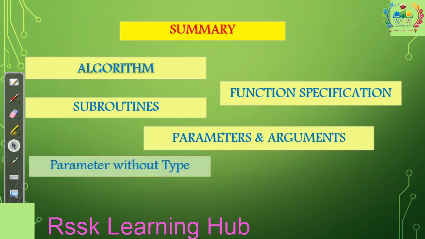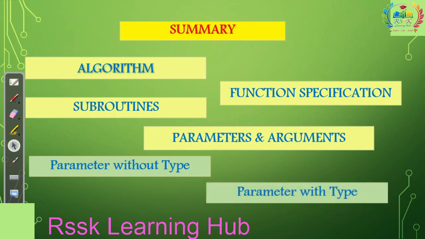Then under this we saw two categories. One is parameter without type, and another is parameter with type. Without type and with type means this type specifies the data types of your function. Okay. Hope you all understand, I think so.